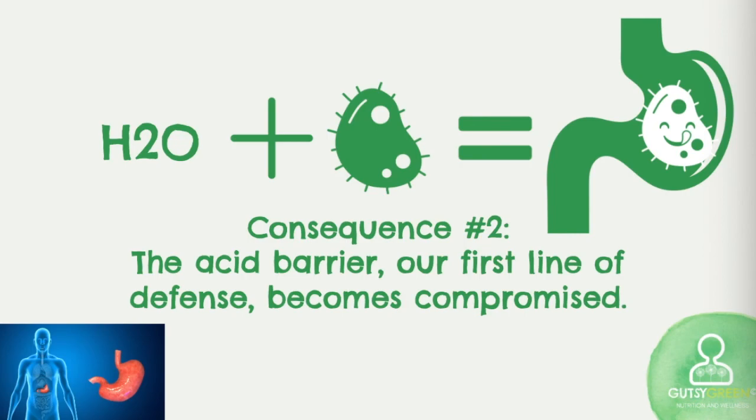Likewise, when this barrier is compromised, say if the pH is similar to water in the stomach, or even if the pH is just a little too high, microbes stand a much better chance of surviving in the stomach or intestines, finding a hospitable home full of incoming nutrients where they can colonize, proliferate, and wreak havoc. So we can help to ensure that we have a shield against these critters in place when we optimize our stomach acid levels.